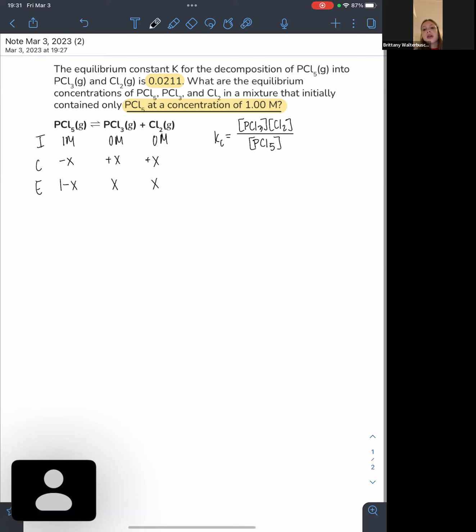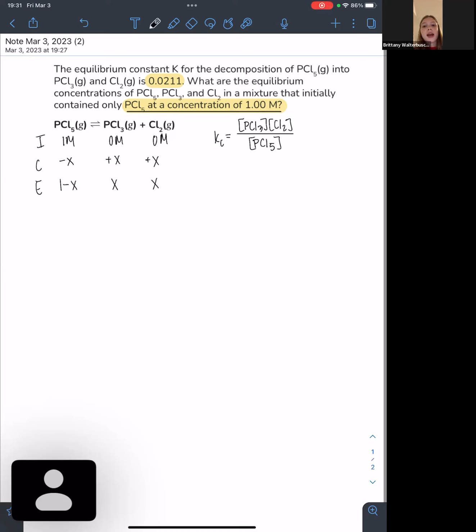Now, all three of these components are going to be represented in our K equilibrium because they are gases. Only gases and aqueous solutions are represented in these equations, not solids or liquids. You will not see those in your equations.